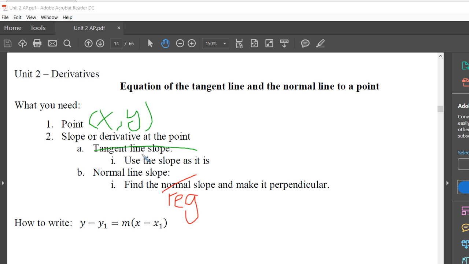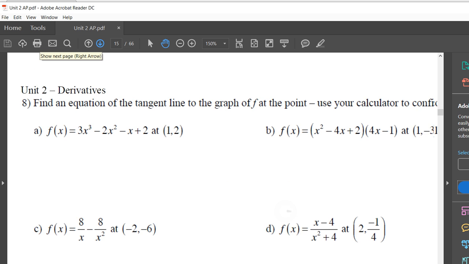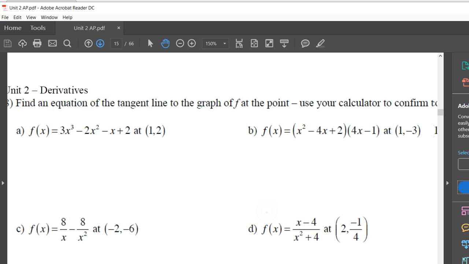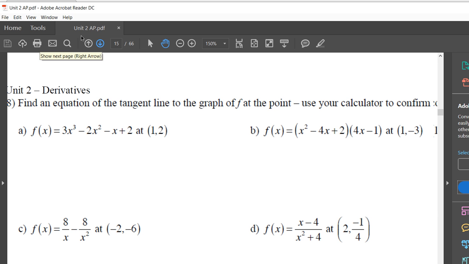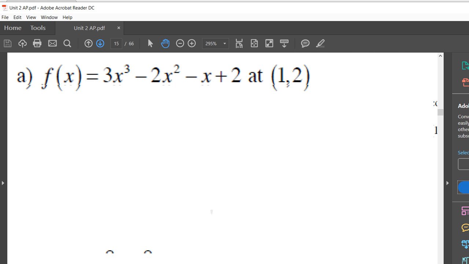And how do we write the tangent line or the normal line? We write it with point-slope form, which is y minus y1 equals slope times x minus x1. Let's actually practice writing some tangent lines first before we do the normal lines. If you read number 8 on the very next page, we're going to write the tangent line as it goes through a point. So for instance, on part A, we're going to write the tangent line of the curve at the point (1, 2).